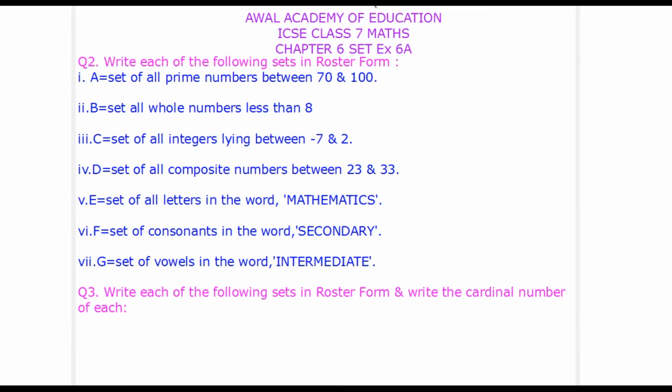Question number 2: write each of the following sets in roster form. A is a set of all prime numbers between 70 and 100, so it is quite easy.